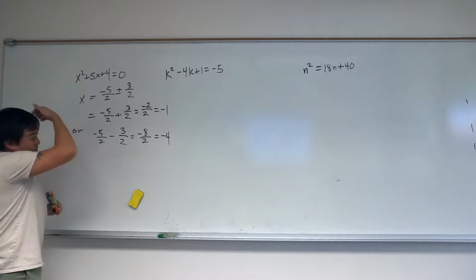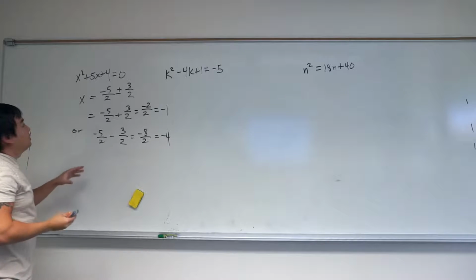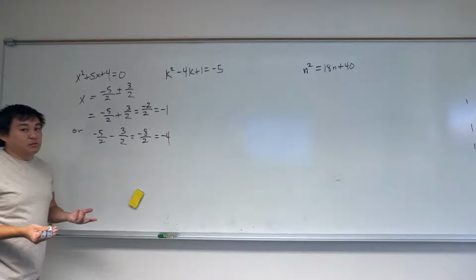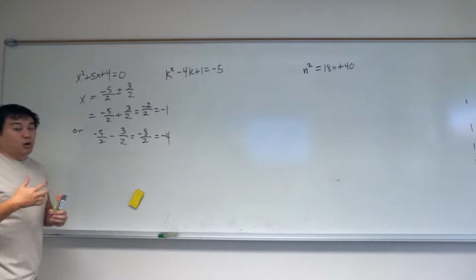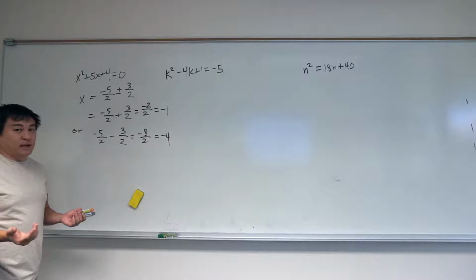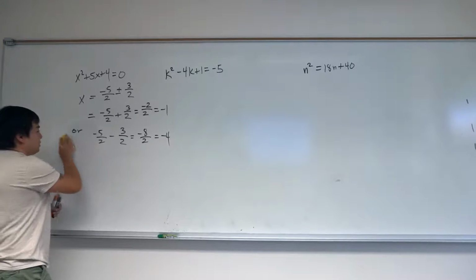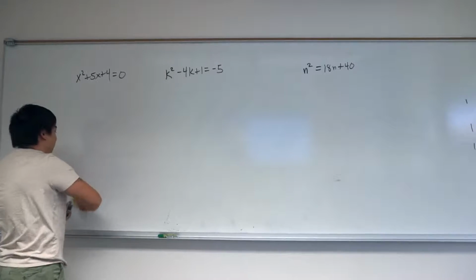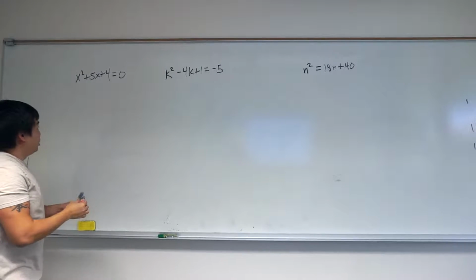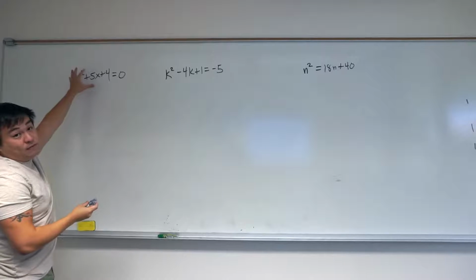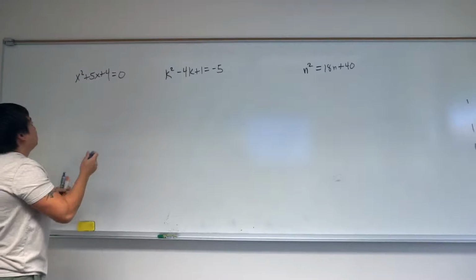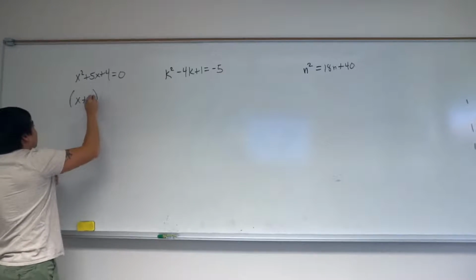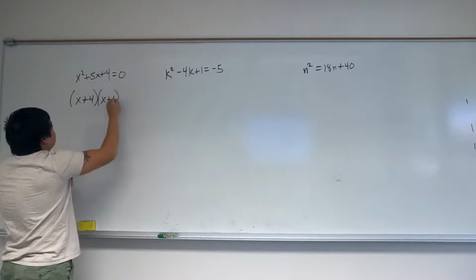What I want to do now is show that this completing the square is really like a last resort situation, where if you already know that you can do things like factoring, then you get the solution a lot faster. We haven't actually solved anything by factoring yet, but I do want to show you that we can already factor this left-hand side. The factors here are x plus 4 and x plus 1.